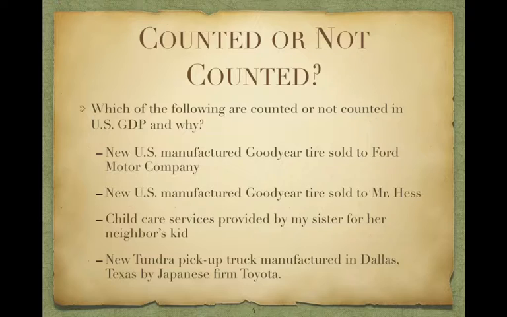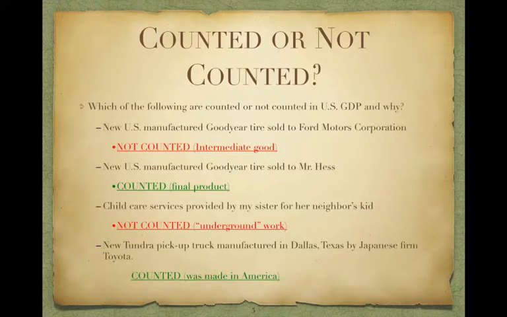So if we take a look at the first one, for example, those tires that are sold to Ford Motor Corporation, these are not going to count. All right, we said that these are intermediate goods, and intermediate goods, remember, are anything we need to make a final product. And so when Ford buys those tires, they're going to take the tires and put them on the vehicles that they're ultimately going to sell.